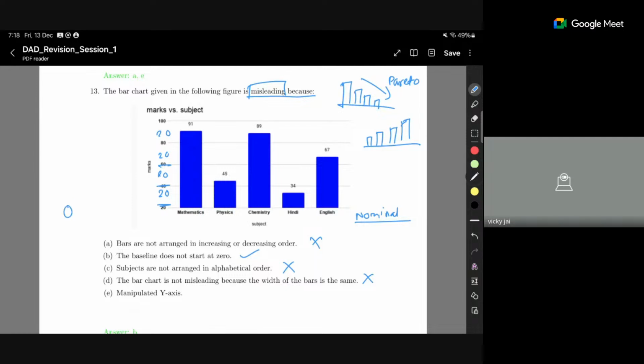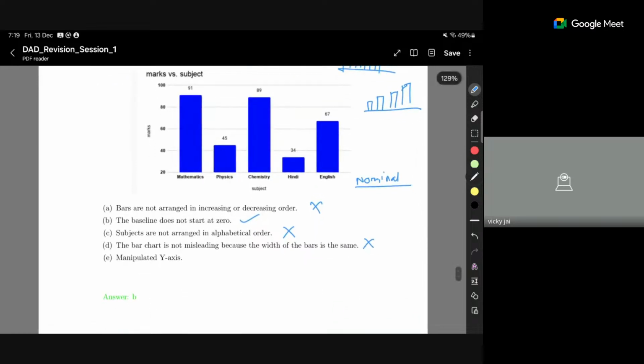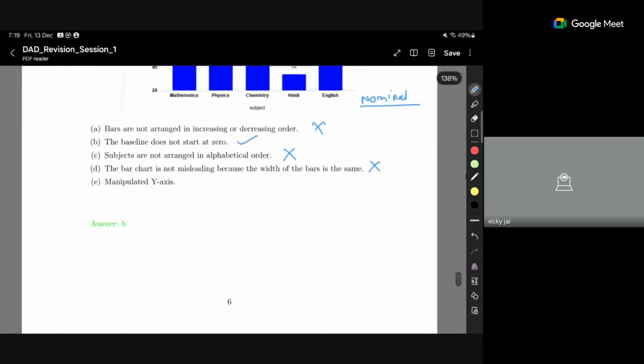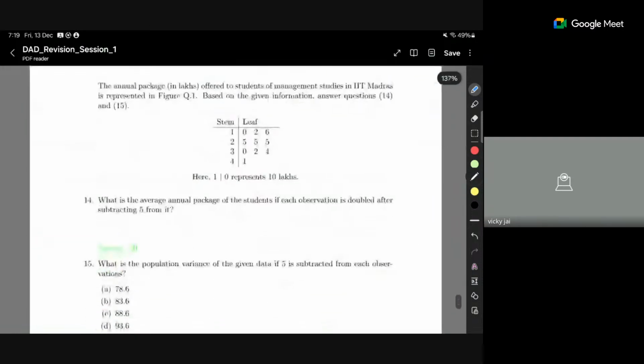What you could do is start at 0, then another line at 10, then maybe another line at 30. So the gaps are not equal. If these gaps are not equal, then you can say that is manipulating the y-axis, right? That I'm not having equally distanced values on the y-axis. Okay, so that's why it is also not correct.